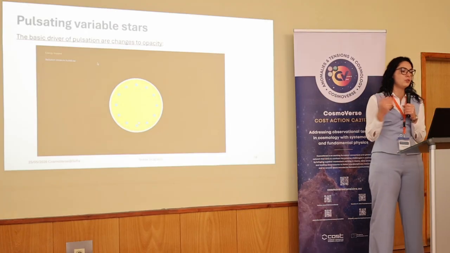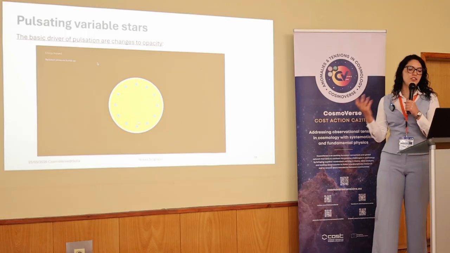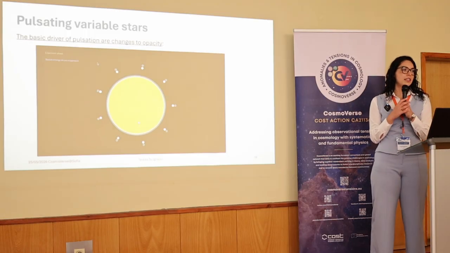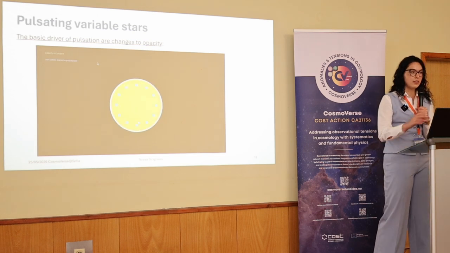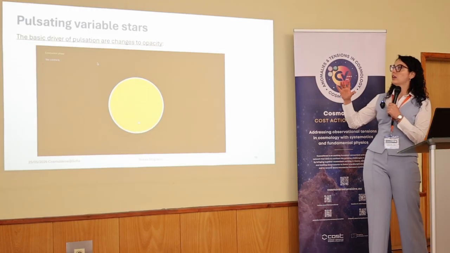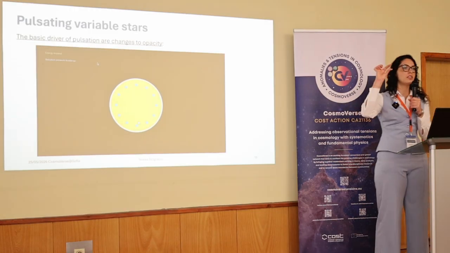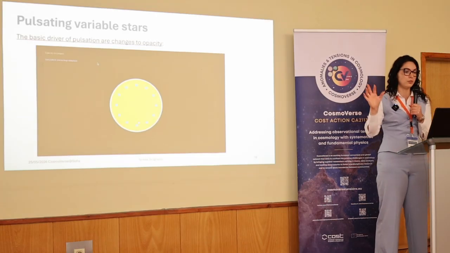We can say that a pulsating star is behaving like a heat engine that is storing energy. The important point to have in mind is that the only thing that causes pulsation is the small change in opacity in the external layer of the atmosphere.